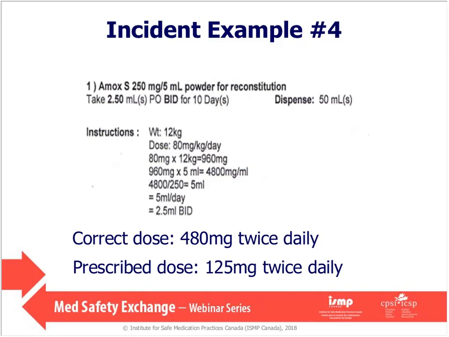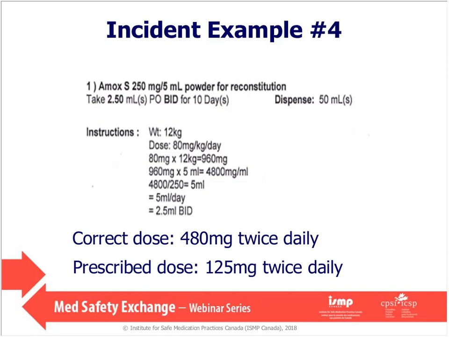The community pharmacist, when checking the prescription, confirmed the child's weight, the indication for use, and the recommended dosage. On the prescription, the weight of 12 kilograms is correct. The dose of 80 milligrams per kilogram per day was valid. However, the logic in the computer is completely false.